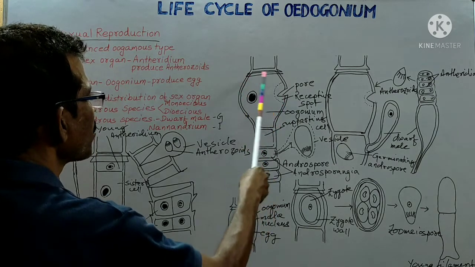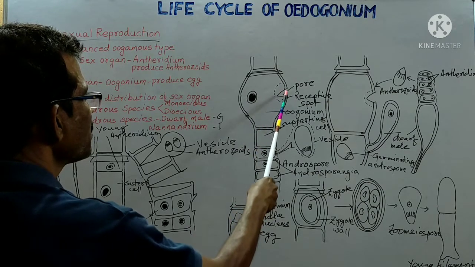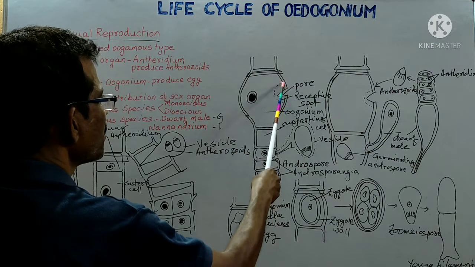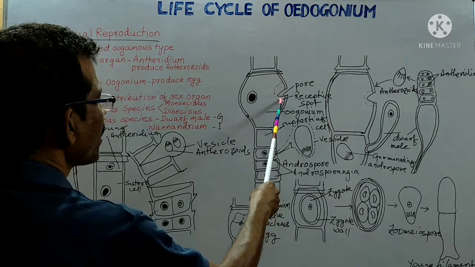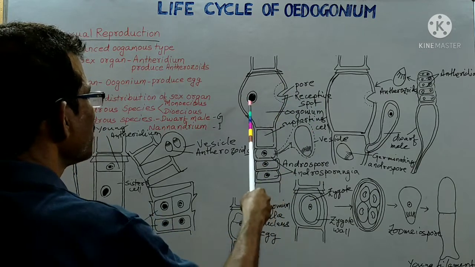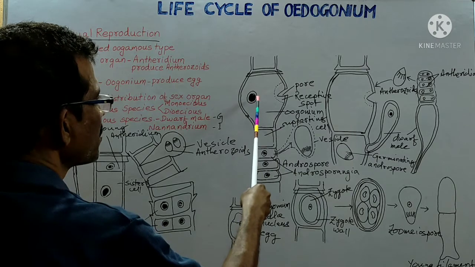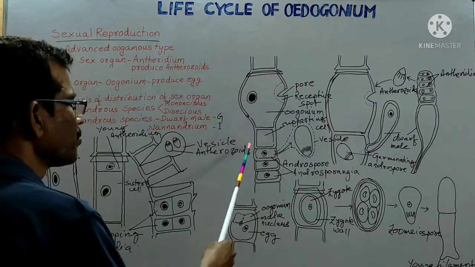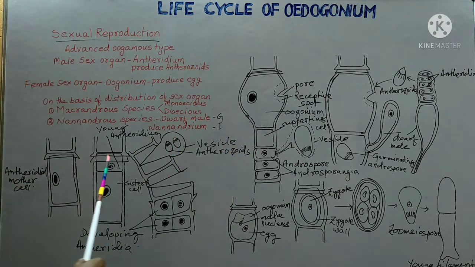This oogonium is a globose structure that has a transverse slit or pore. Nearer to the slit there is a colorless area that is known as receptive spot. And the oogonium contains a single nucleus, and this is the female gamete. This is about development of antheridium and oogonium, and also about the development of androsporangia, androspore and antherozoids.